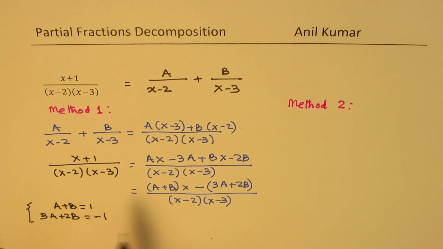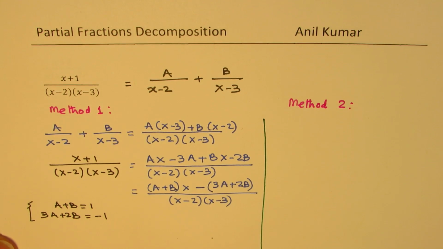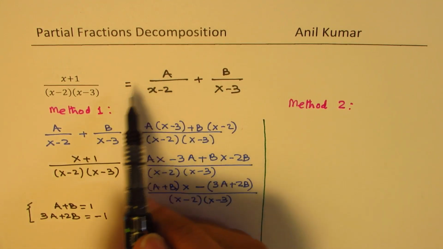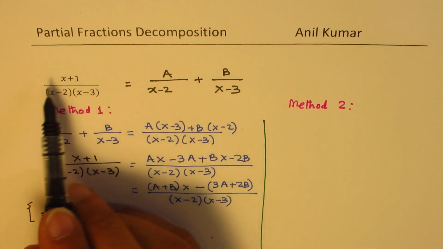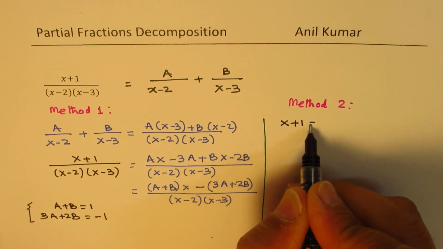Okay. The other method is something like this. We'll do it on the right side, and then we'll calculate the answer, right? So if I cross multiply, we could actually write this as x plus 1 is equal to what?